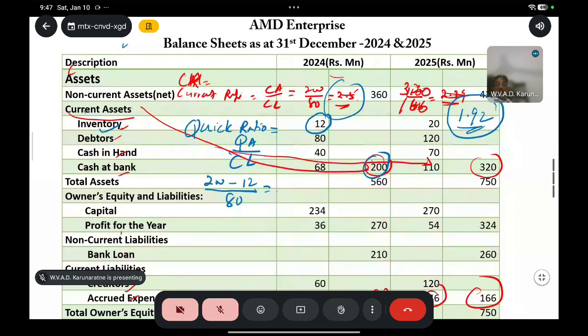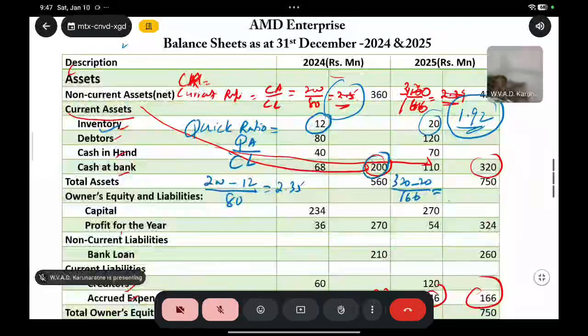What is the answer? 2.35. Alright, 2.35. If you move to the year 2025, then the current assets 320, inventory 20, divided by current liabilities.